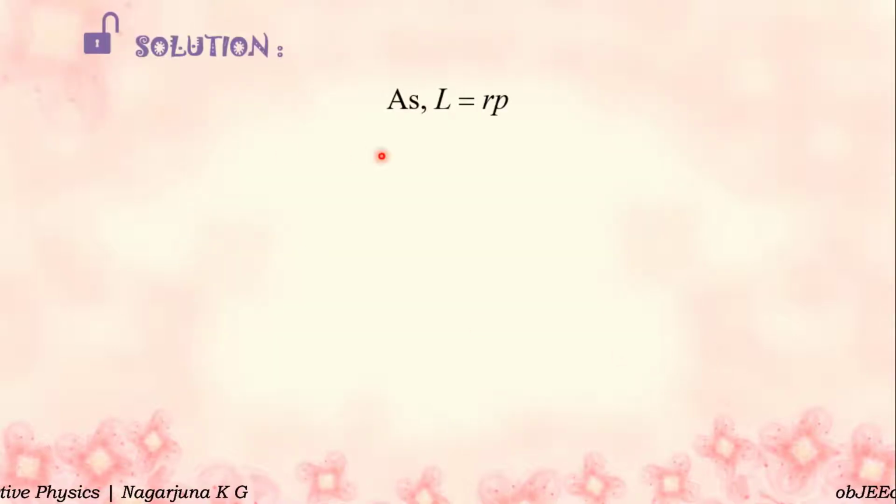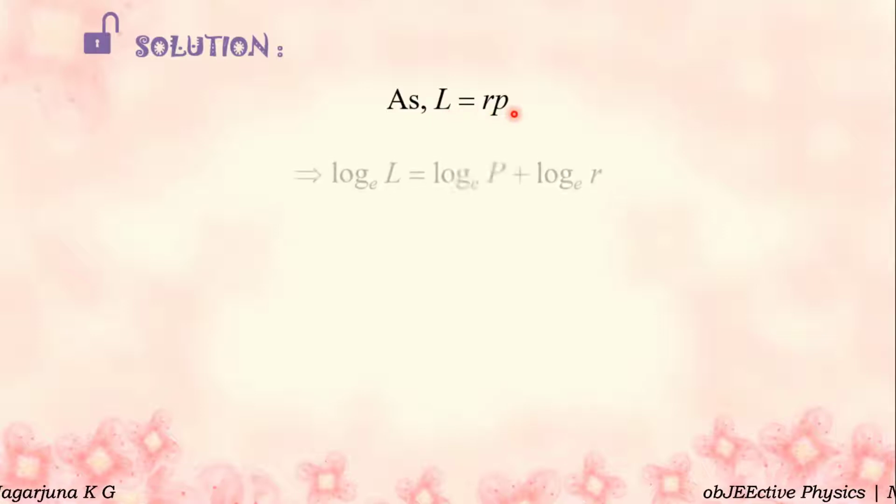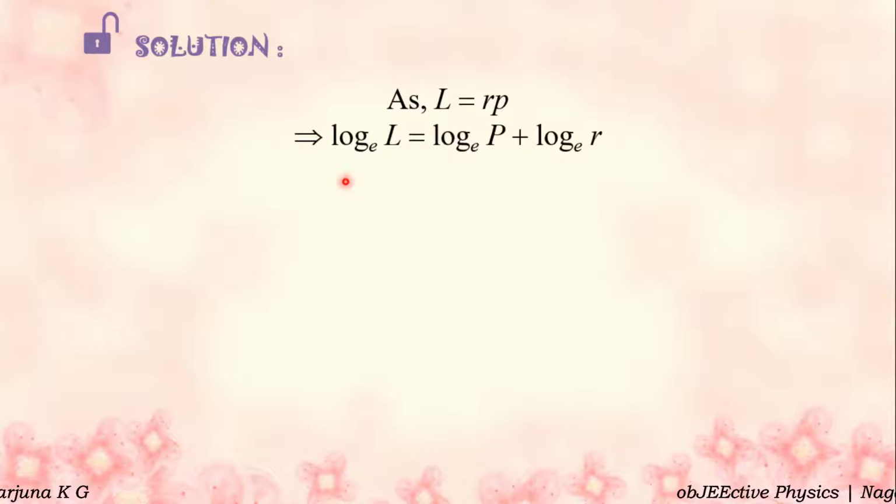Solution. We know that angular momentum is equal to moment of linear momentum. That is, capital L is equal to R into P. Taking logarithms on both sides, we get log L base e is equal to log P base e plus log R base e.